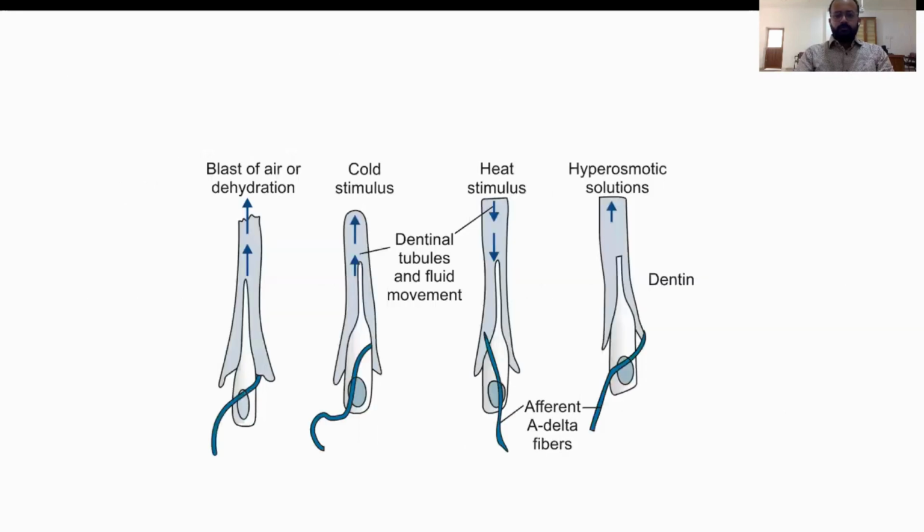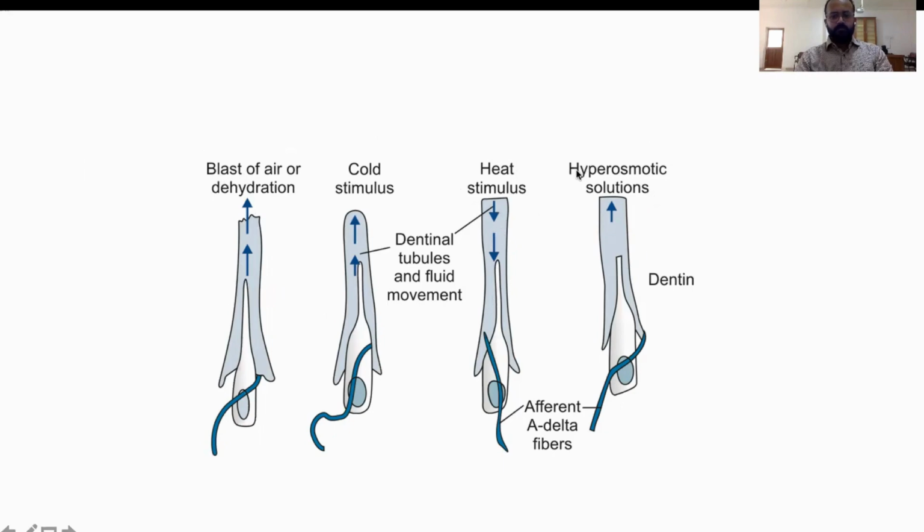Now this is the representation of what we have discussed in the previous slide. That is, if a burst of air or cold stimulus acts on the dentinal tubules, that causes the outward flow of the dentinal fluid. And in case of heat, it causes the inward flow.